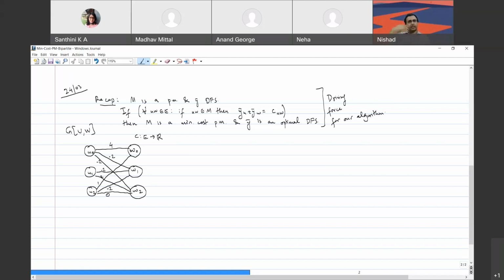And we want to keep improving the dual feasible solution until we can find a perfect matching that satisfies these conditions with the dual feasible solution. So the first question is, can someone give me a dual feasible solution?